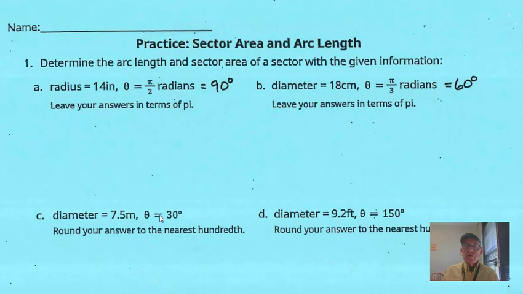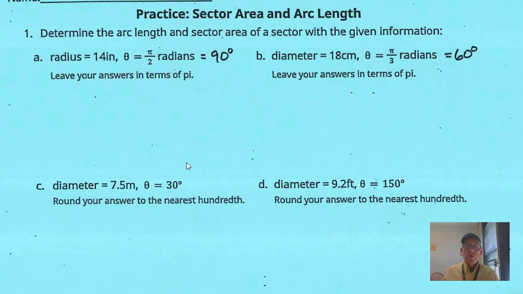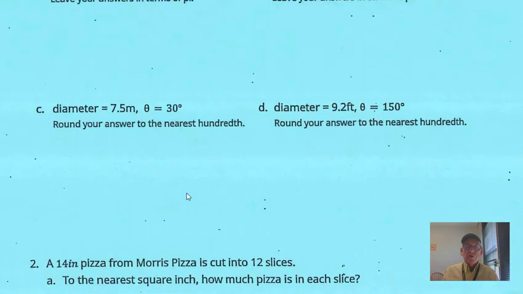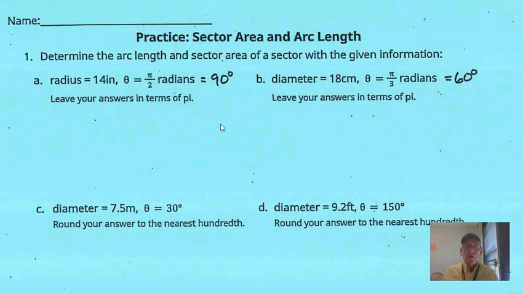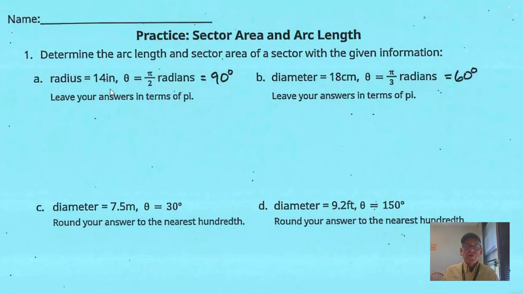Determine the arc length and sector area with the given information. You answer in terms of pi. Okay, so radius is 14. We want arc length and sector area. So we're going to use 90 over 360.